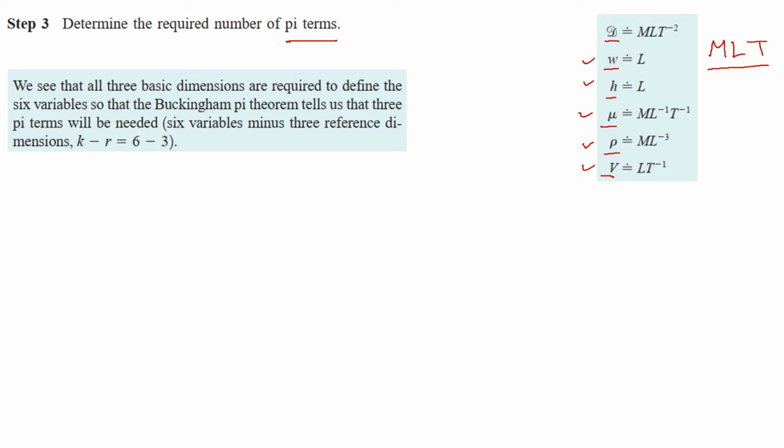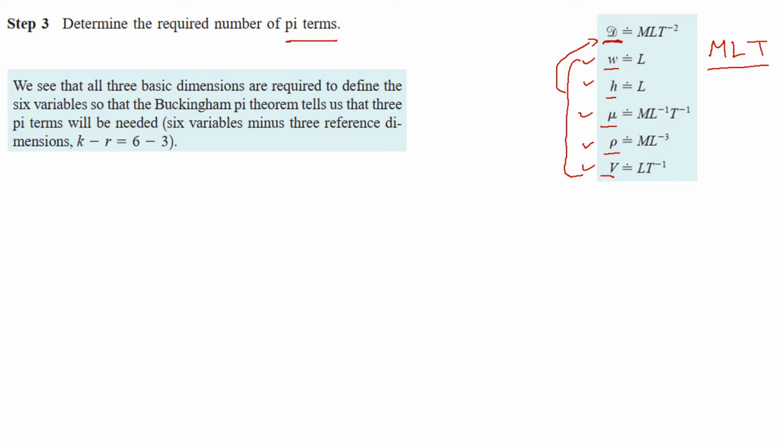In this case, our dependent variable is the drag force that will be exerted on the plate, and the independent variables are width, height, viscosity, density and velocity. So we will see the effect of these variables on this variable. This is the whole point of dimensional analysis.